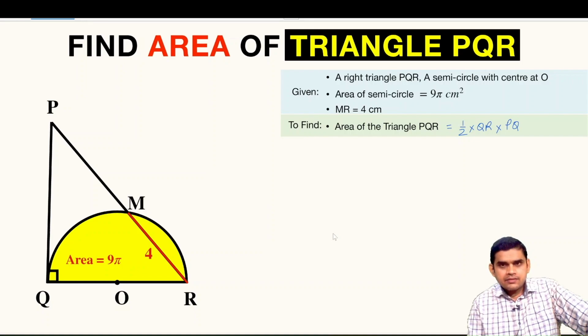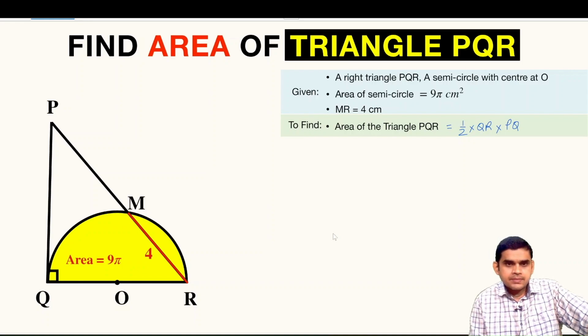For that, we see that the area of semicircle is 9 pi centimeter square. This information is given to us. So let the radius of this semicircle be small r. So this is small r, this is also small r. So area of semicircle is pi r square divided by 2, and that is given as 9 pi.